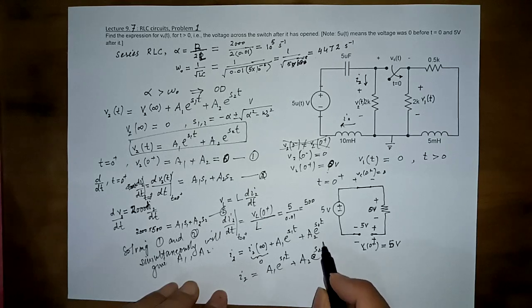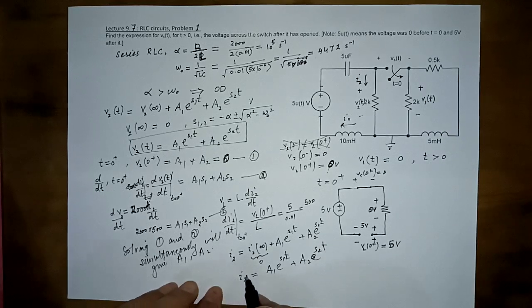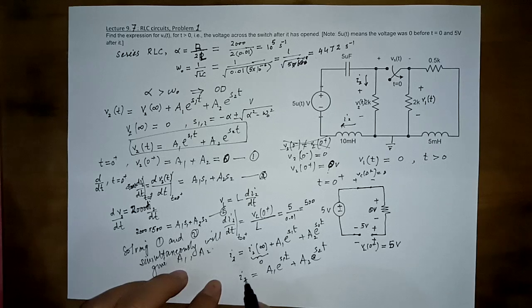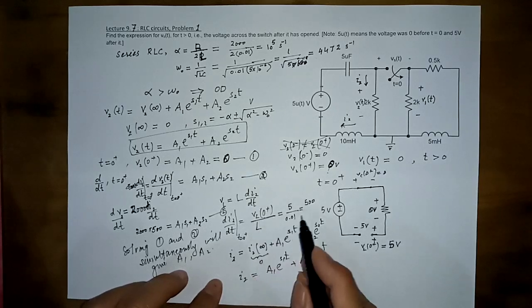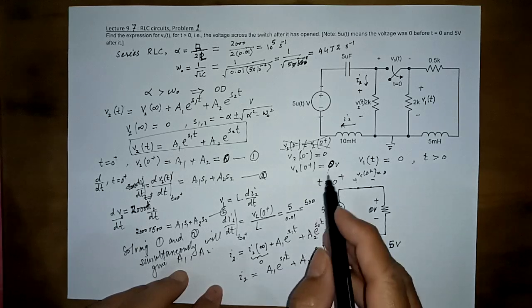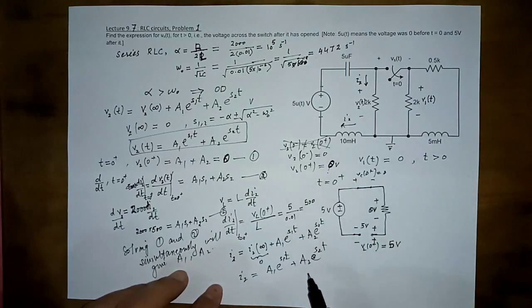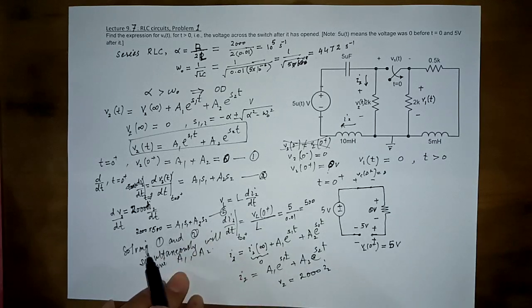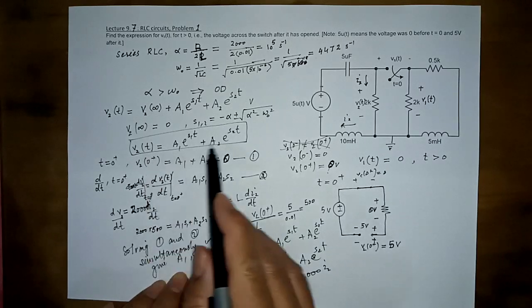And here, when they take the derivative in finding A1 and A2, di2 by dt is exactly the same thing that we want to find. So you see, even finding I2 and then finding V2 would be very simple. Finding the expression for I2 and then saying V2 is equal to 2000 times I2 would give the same expression that we are going to find in this case.